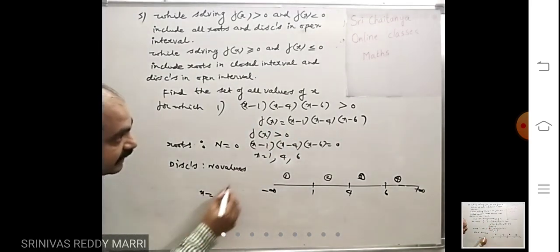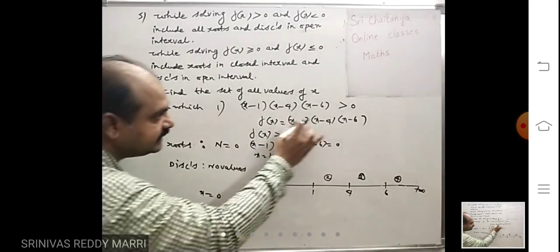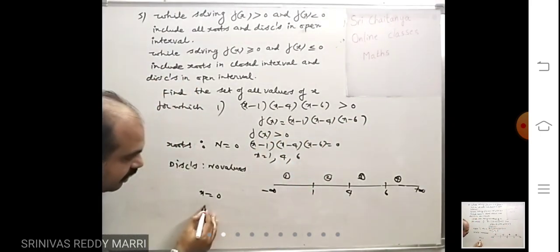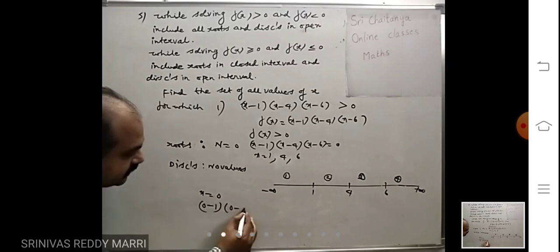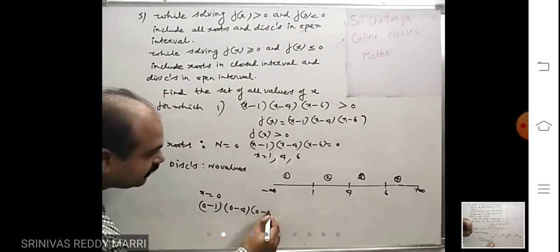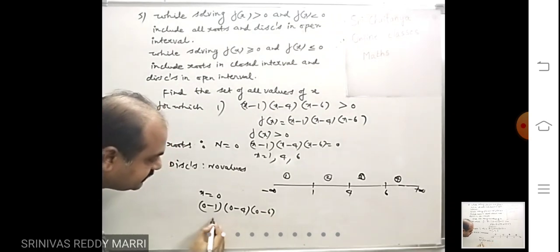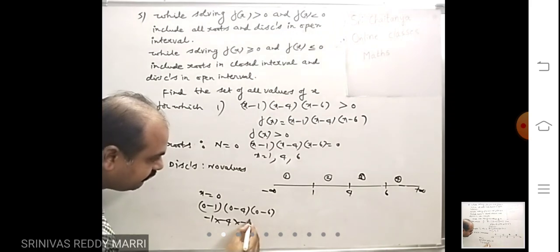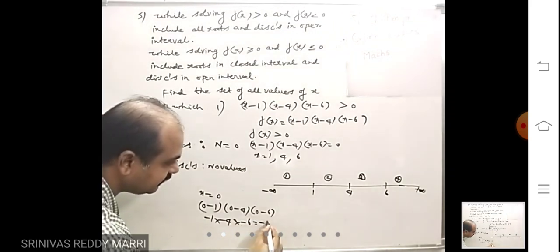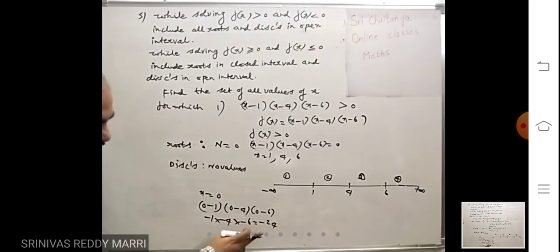I am substituting 0: 0 minus 1 into 0 minus 4 into 0 minus 6, so minus 1 into minus 4 into minus 6. What will you get? Minus 24.